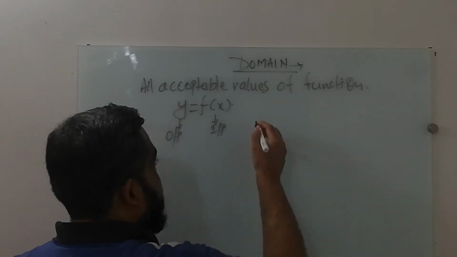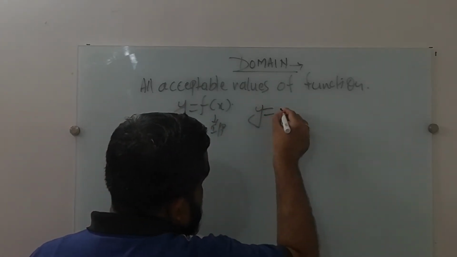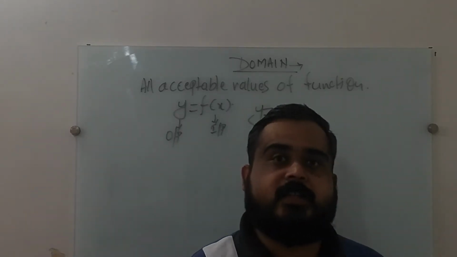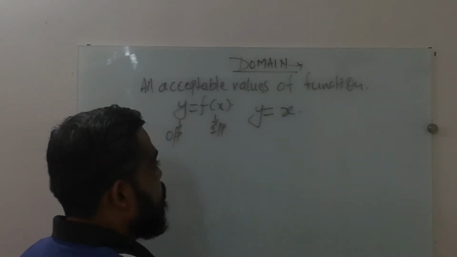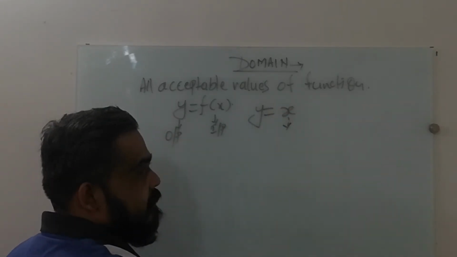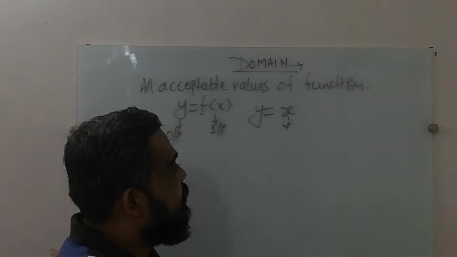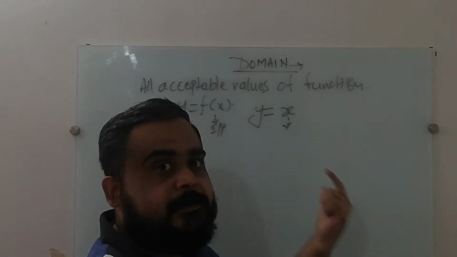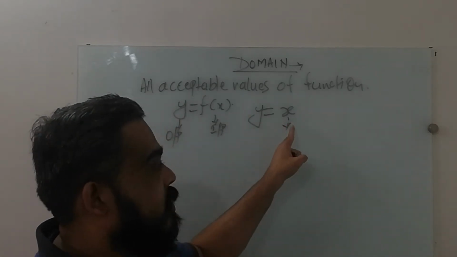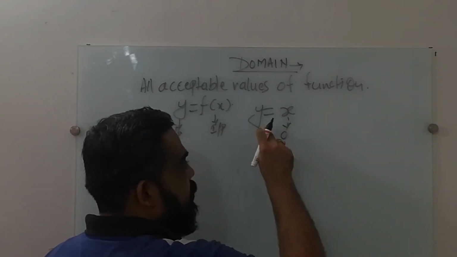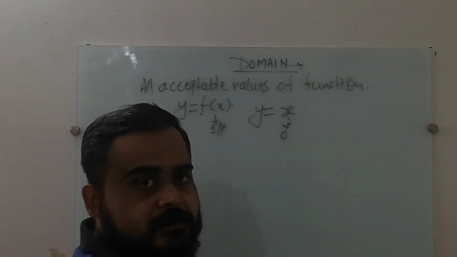Now let us take a real-time example. Suppose y equal to x is a function and we have to find the domain of this function. Then we will analyze this right hand side of this equality and then we'll decide how many values of x are acceptable in this function y equal to x. So suppose we substitute x equal to 0, we will obtain y equal to 0.